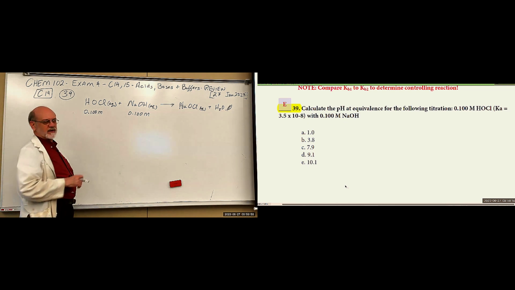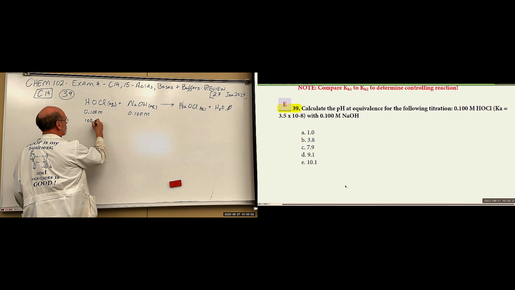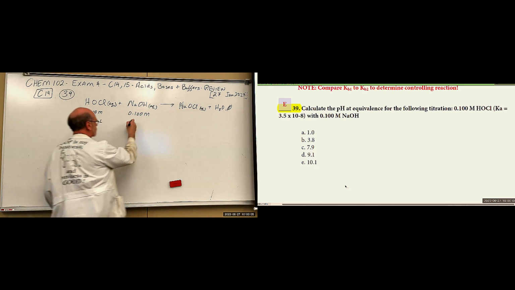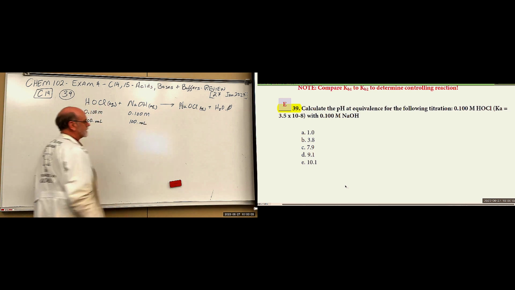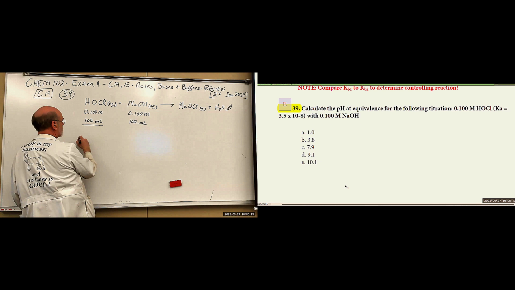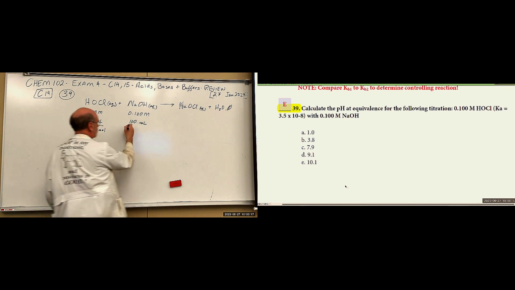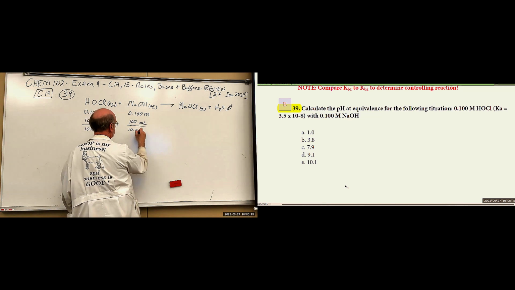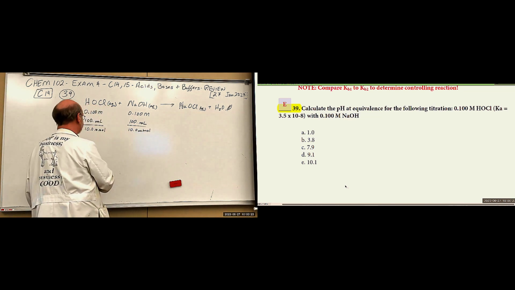I picked 100 milliliters. How about that? 100 milliliters of each would take us to equivalence. Okay, so that would be what? 10 millimoles here and 10 millimoles there, right?